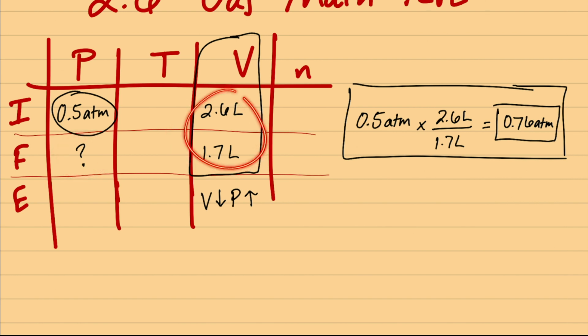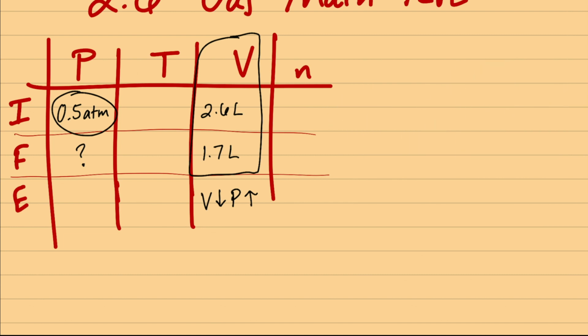I know that this is a volume decrease, which is causing a pressure increase. So that's why I put the 2.6 on top. I don't put the 2.6 on top because I always put the bigger number on top, or because I always put the initial number on top. It's nothing like that. This is on top because I know that my pressure needs to go up. So I put the bigger number on top when my pressure needs to go up.